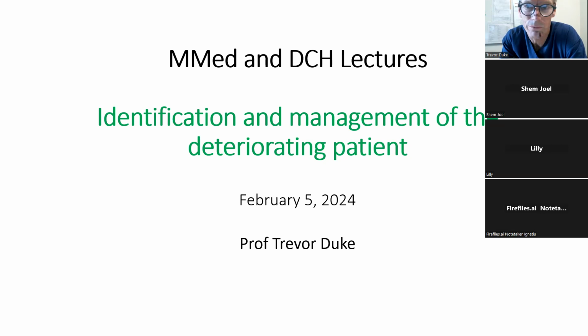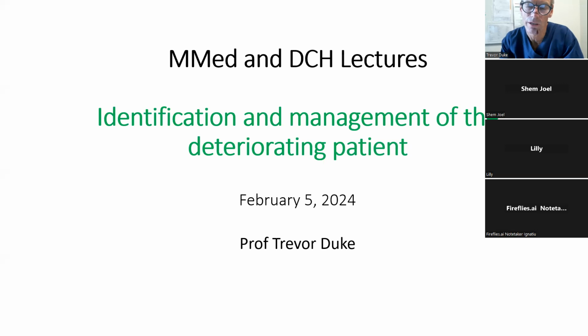Today I wanted to talk about a really important topic, and it's a general topic that covers almost every disease you can imagine. It's a topic that's become more and more important as hospitals try to improve quality of care and patient safety.